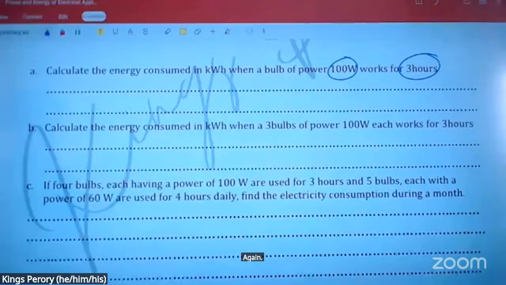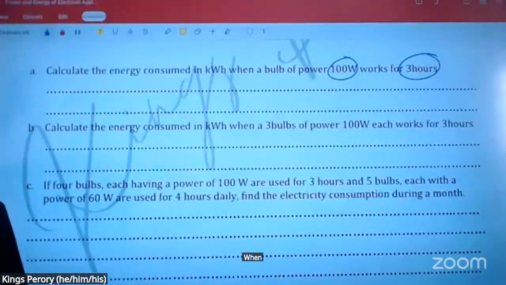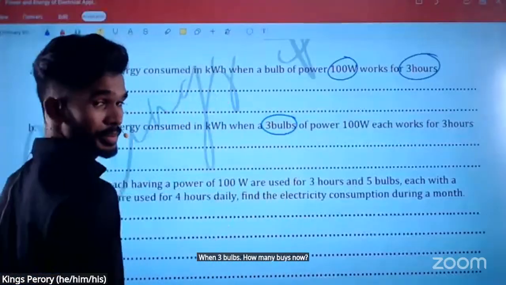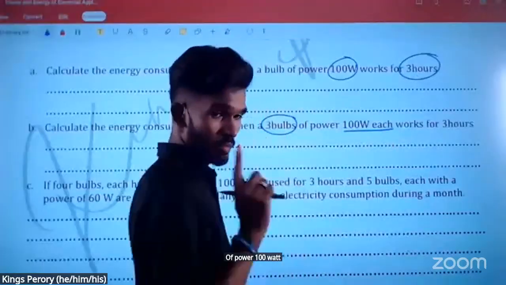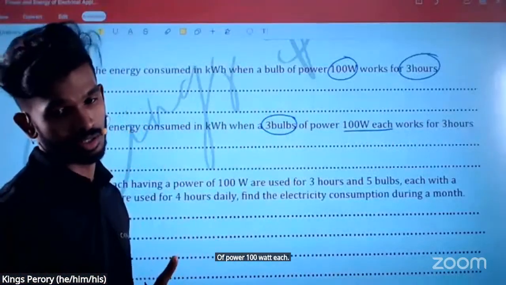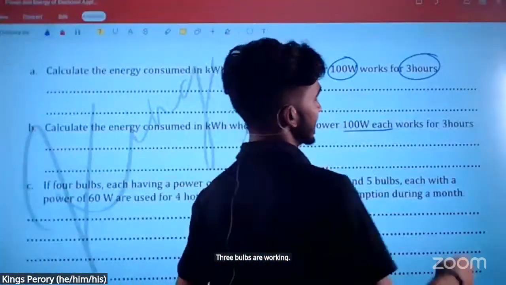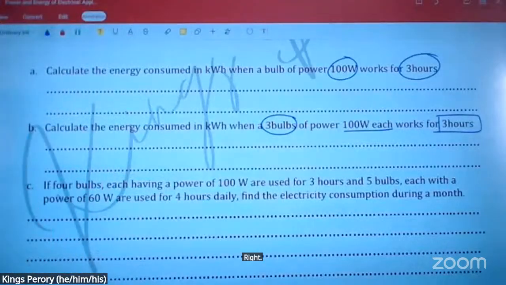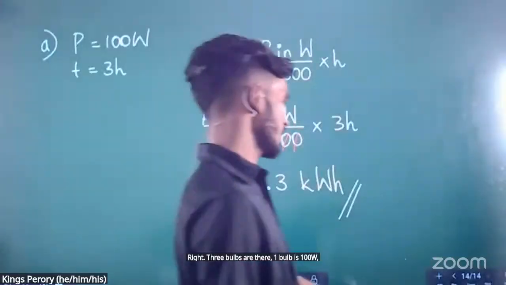Calculate the energy consumed in kilowatt-hour when 3 bulbs of power 100 watt each are working for 3 hours. One bulb is 100 watt. 3 bulbs are there. They are working for 3 hours.